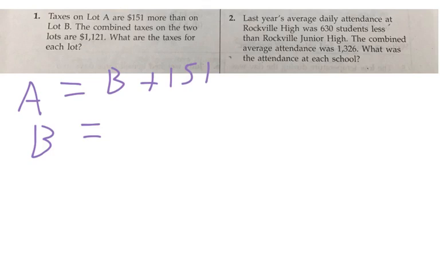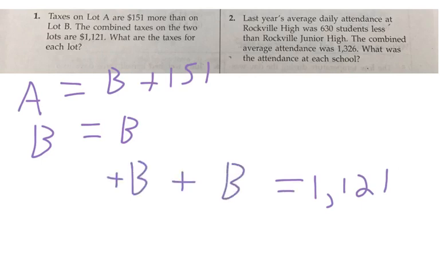And I don't know anything about lot B, so I'm just going to make it the letter B. And it says that these combined is 1,121. So that means when we add these together, we get 1,121. So I'm going to draw a line, and I want to put the stuff together that's on the same side of the equal sign together.